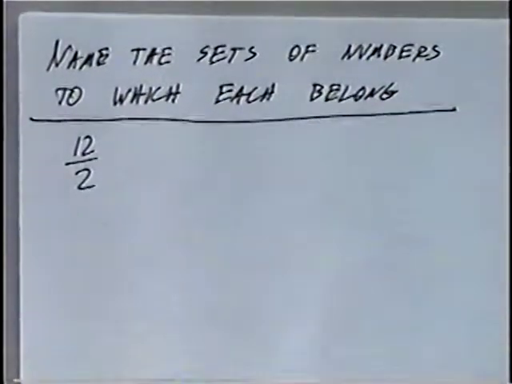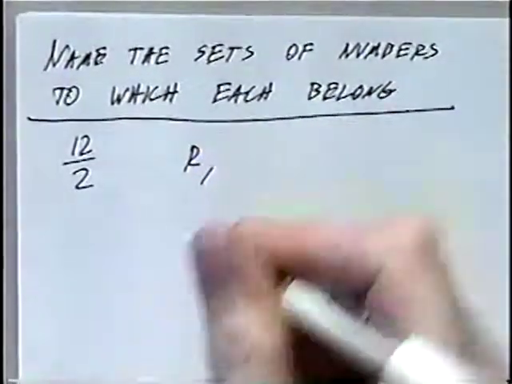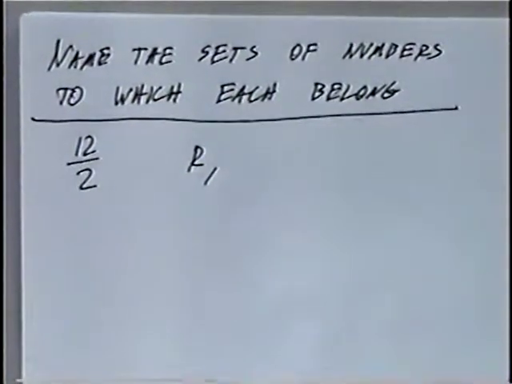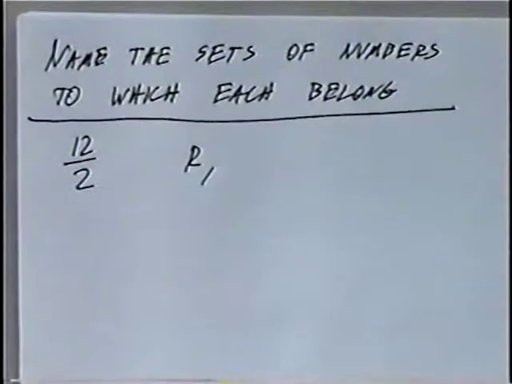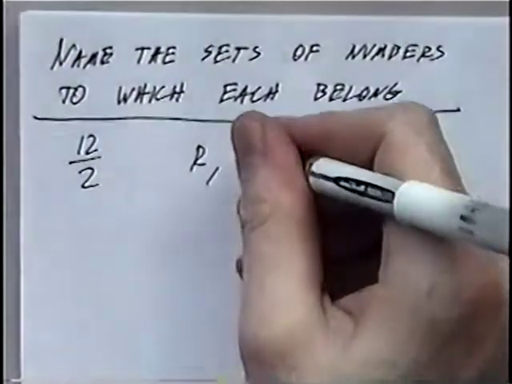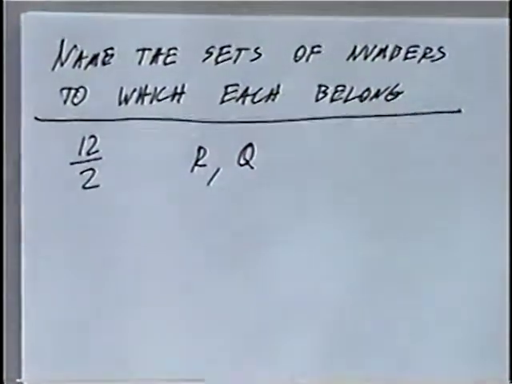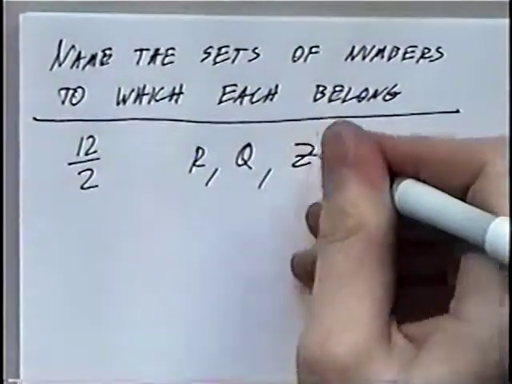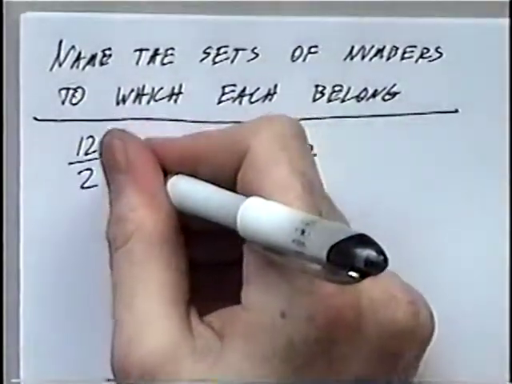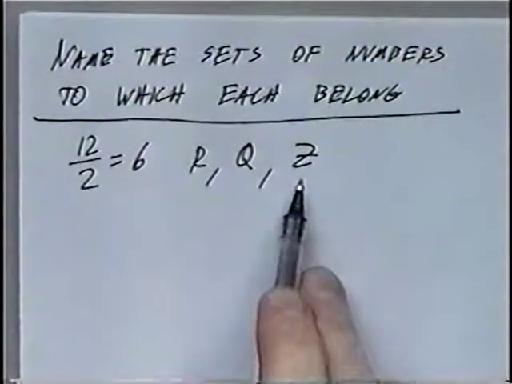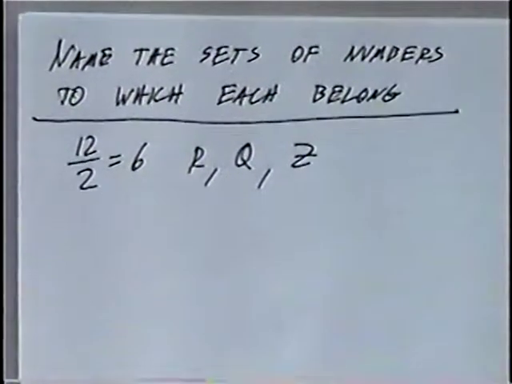12 over 2, it is a real number. Again, every number is a real number until we get to imaginary numbers later on this year. Rational number is anything that can be written as a fraction. It is a fraction, so it is rational. It is also an integer. Doesn't look like an integer right now, but if you simplify it out, 12 over 2 is equal to 6, and 6 is an integer.